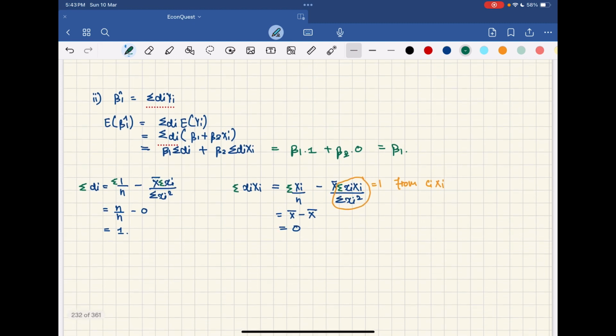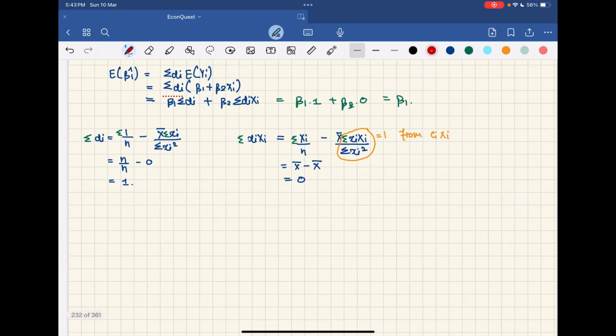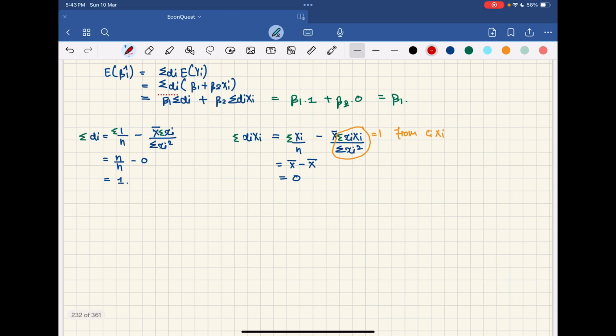Okay, so this is the sampling distribution of your beta 1 hat and beta 2 hat. So in conclusion, let's conclude this. Beta 2 hat, right? Expectation of beta 2 hat is your population beta 2, right? Variance of beta 2 hat is equals to sigma square divided by summation of xi square. What about beta 1 hat?